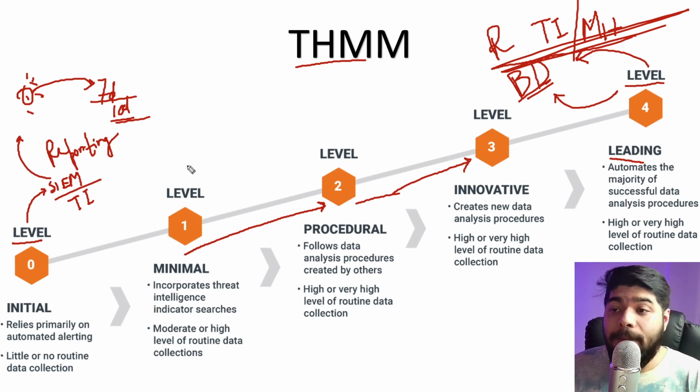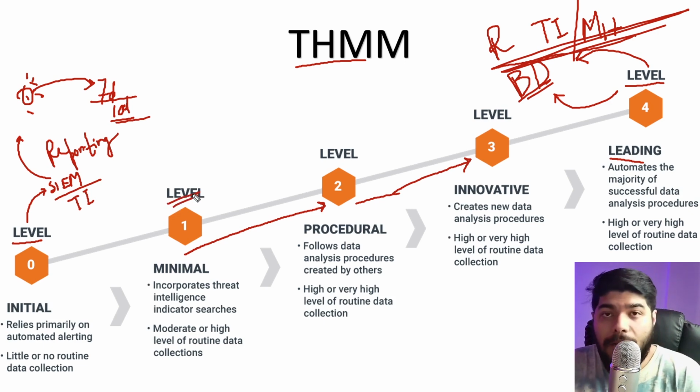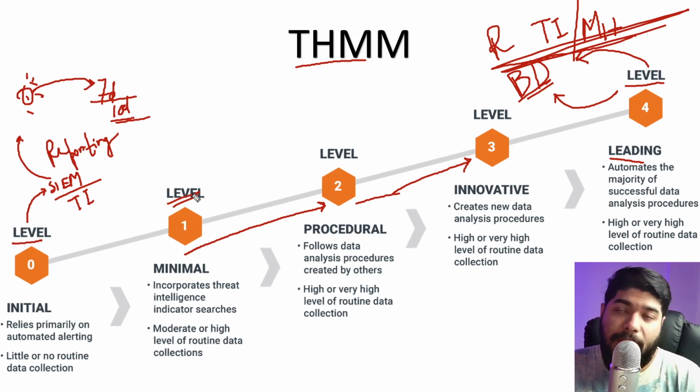Now what is level 1? Level 1 means you have your minimal threat intelligence data. You might be using some third-party solution, or you have procured a MISP kind of platform, or they are giving you those kinds of data.